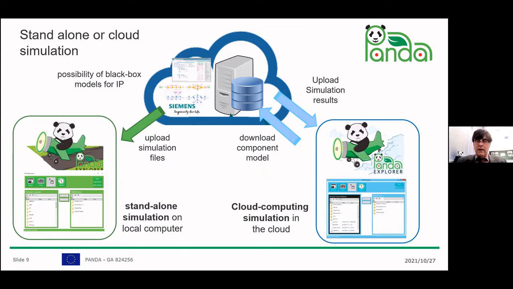You connect it to the cloud and you do the simulation in the cloud without the need of an important, powerful computer to do that. Another key point of the methodology is that some model will be a black box model in order to ensure the IP of the user. For example, a battery manufacturer can put a model without knowing what is in the model to preserve the confidentiality of his product.